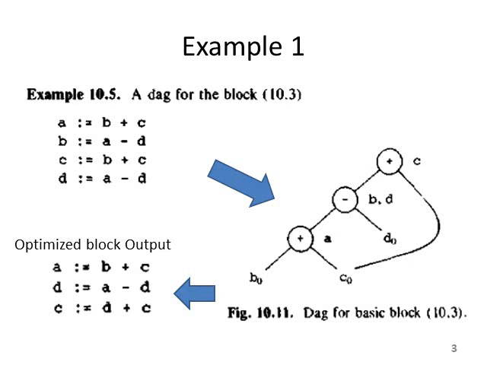Simply go through the DAG. You identify that the first statement is represented very easily, that is b plus c. Then the next one, b equals a minus d, and after that the next statement c equals b plus c. But for the fourth statement, d equals a minus d, as there is no next statement and we are not getting any new node, we simply put the d along with the b.